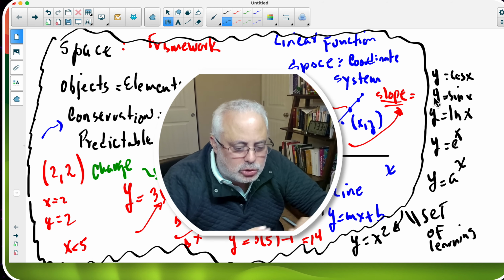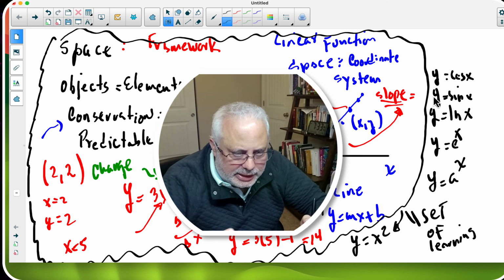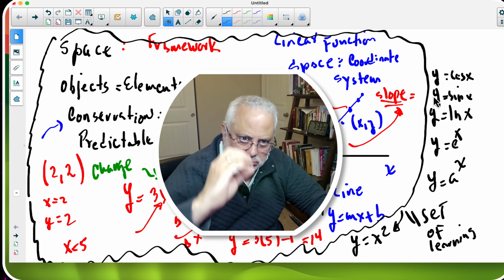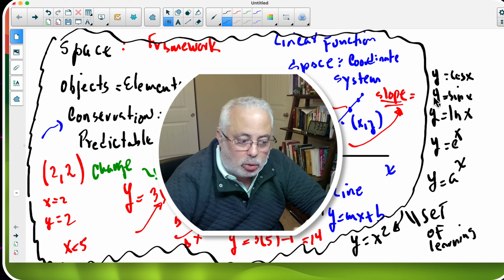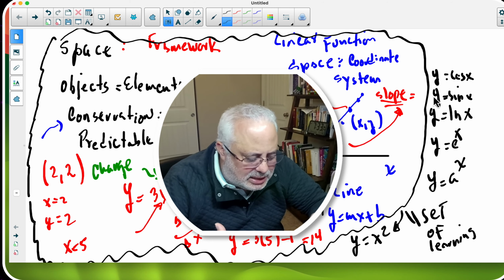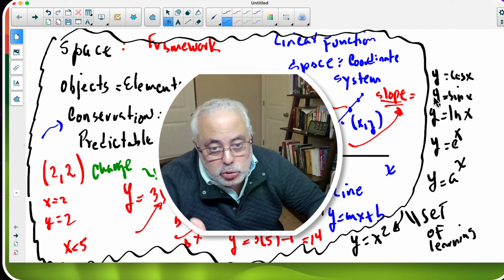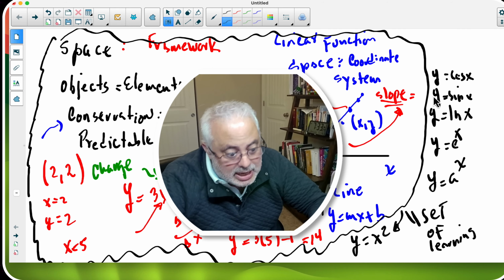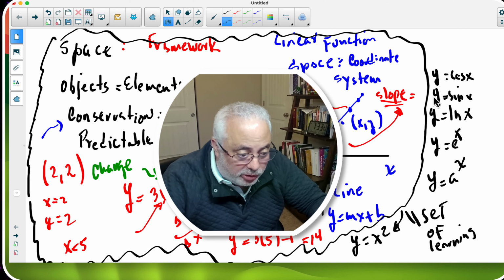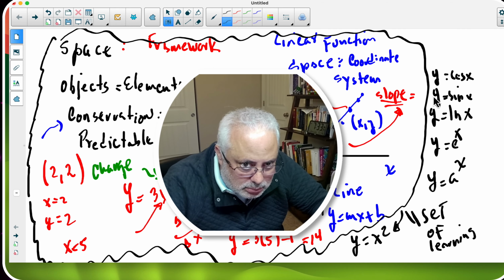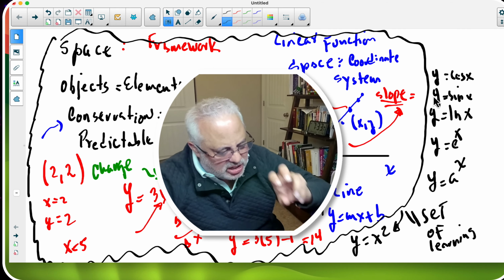How to create our set of learning using framework, space, objects that will be moving, conservation, who is going to stay constant, who is going to change. So the student is going to say, oh, the x and the y will be changing, and then the word variable makes sense for them. Because if you said a point is x and y, that's it.